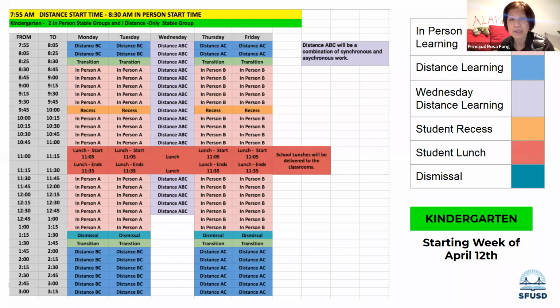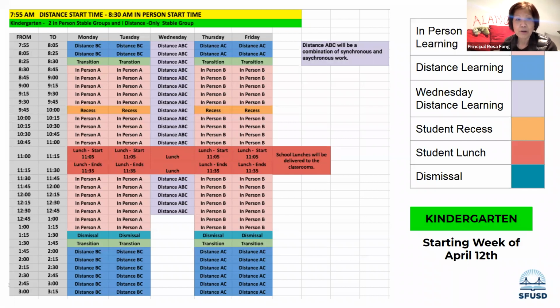If you look at the right side, we have a color coordinated rubric. The pink is in person, distance learning in blue. Wednesday distance learning is in violet. Student recess, orange. Student lunch is in red, or I don't know what the rose. And the dismissal in blue, aqua blue, okay?